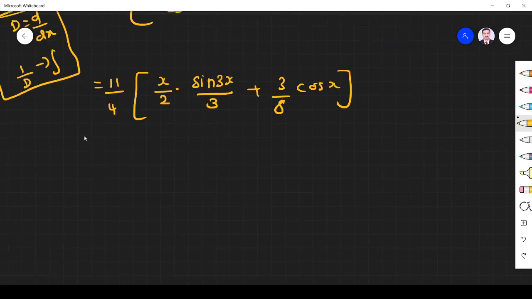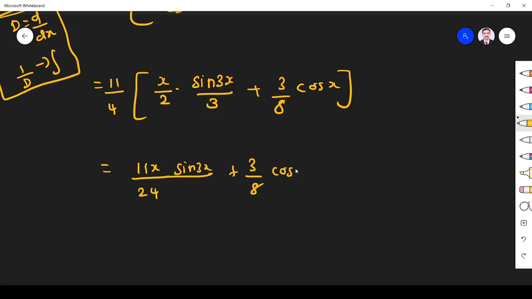Now what happens? The answer is 11x by 24 sin 3x plus 3 by 8 cos x. That is what our particular integral.